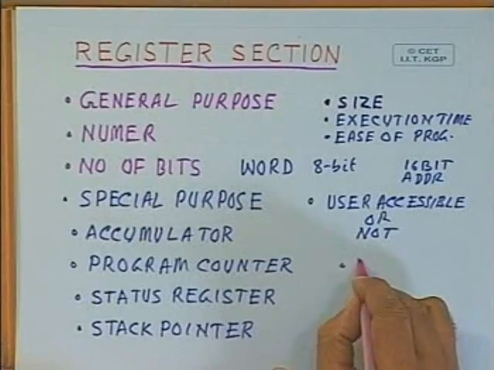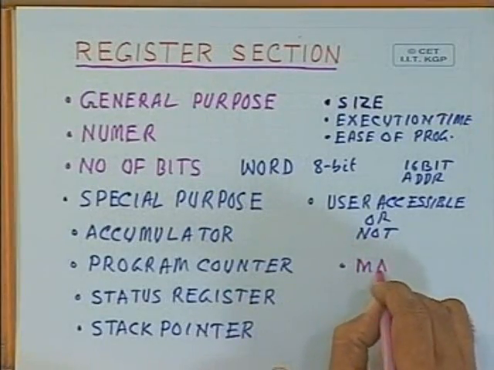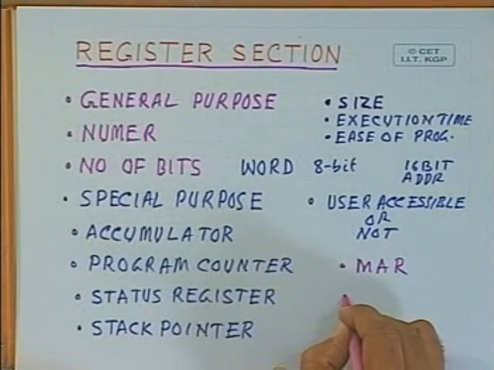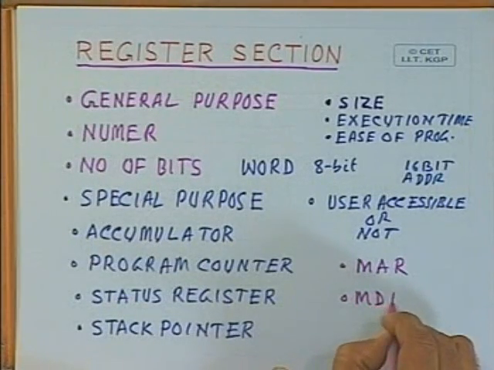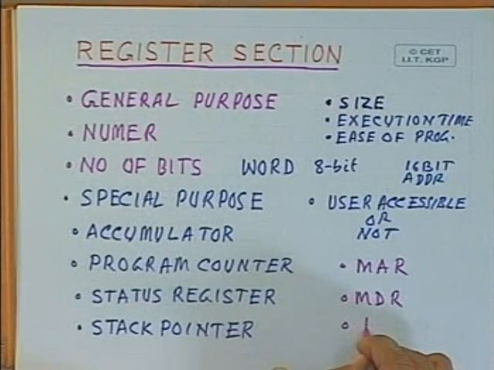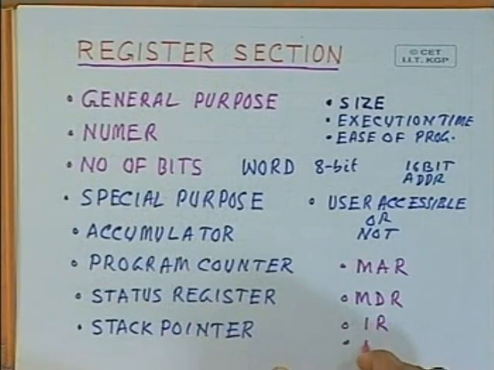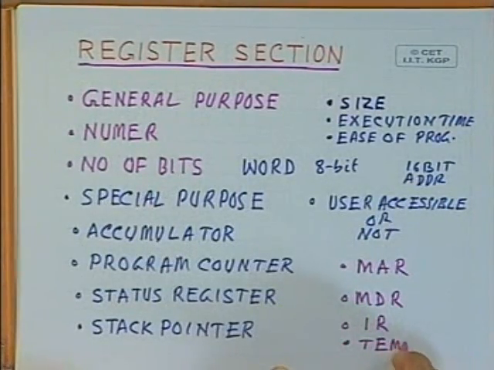But apart from these user accessible registers, there are some registers provided inside the microprocessor which are not user accessible, but at the same time they perform some useful function. For example, memory address register, memory data register, instruction register, temporary register.